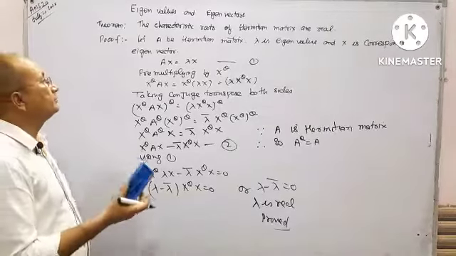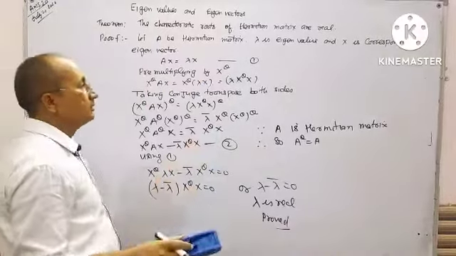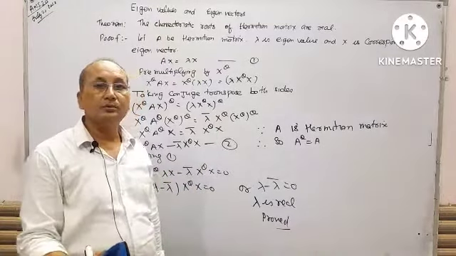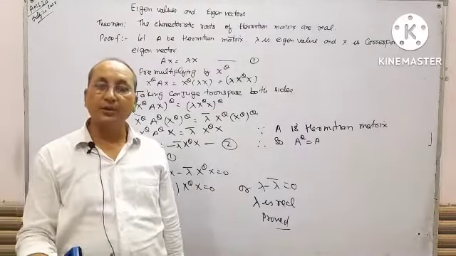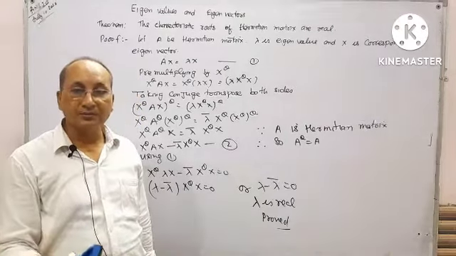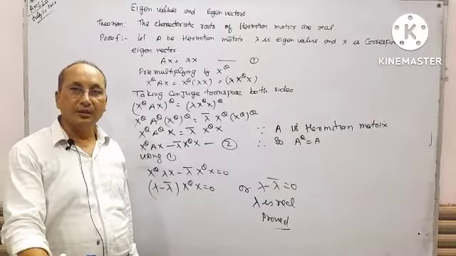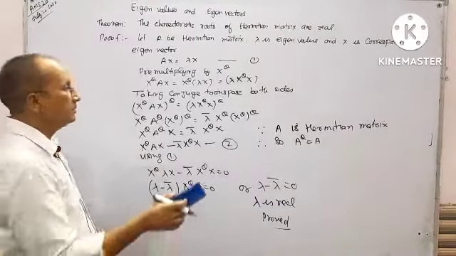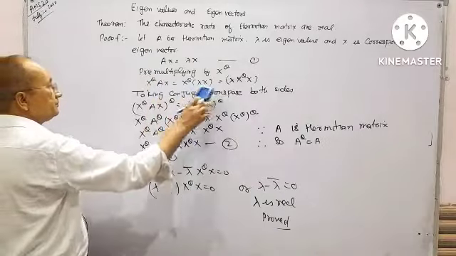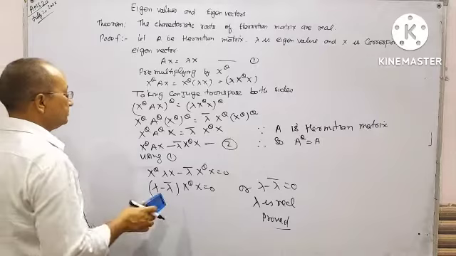In this theorem we explain once again: A is a Hermitian matrix, lambda is an eigenvalue, and x is the corresponding eigenvector. The characteristic equation is Ax equals lambda x, that is first, and multiplying by x theta, then taking conjugate transpose both sides.